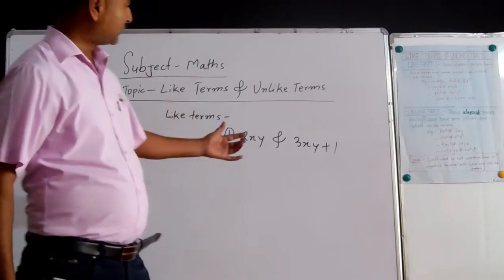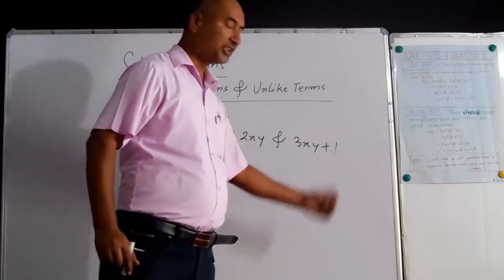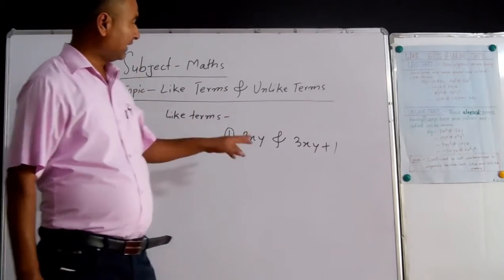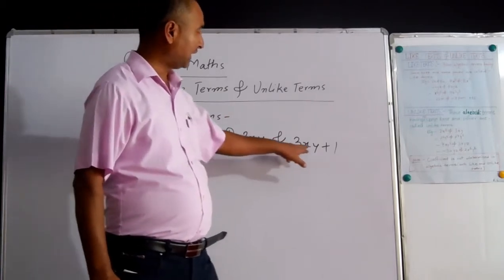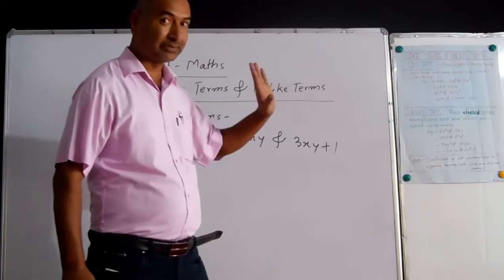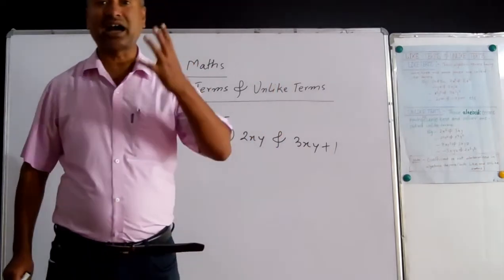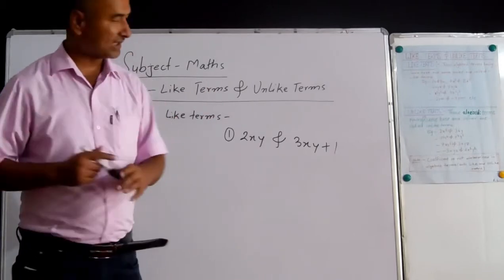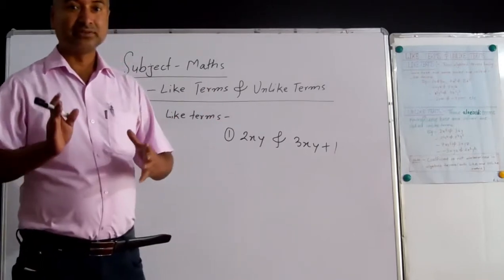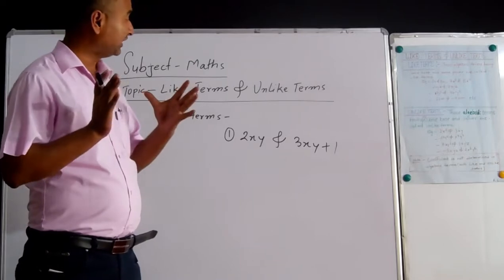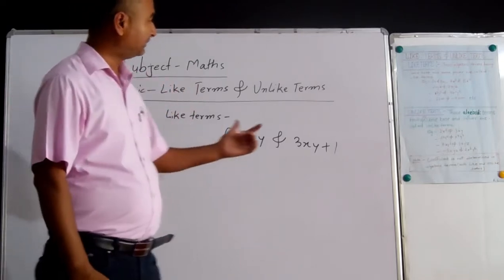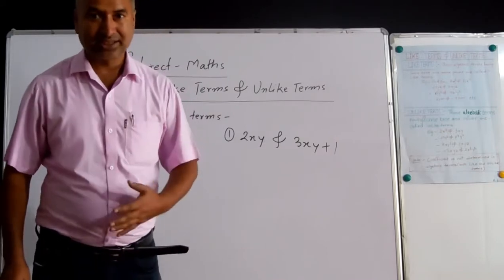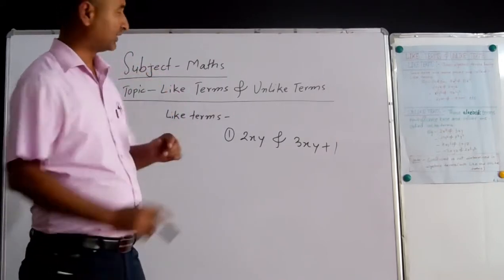Now, these two expressions are like. Simply we can say xy and xy, that means the variables are the same. In the condition of like terms, if in both expressions the variables are the same, then we can say they are like terms.